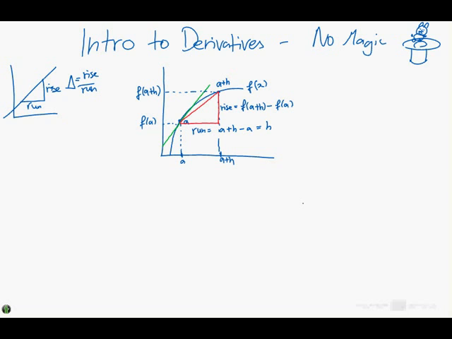Okay, now I'm going to introduce to you some notation here. Notation runs like this. f dash A. This means the derivative of the function f at point A. So that's what I want, right?